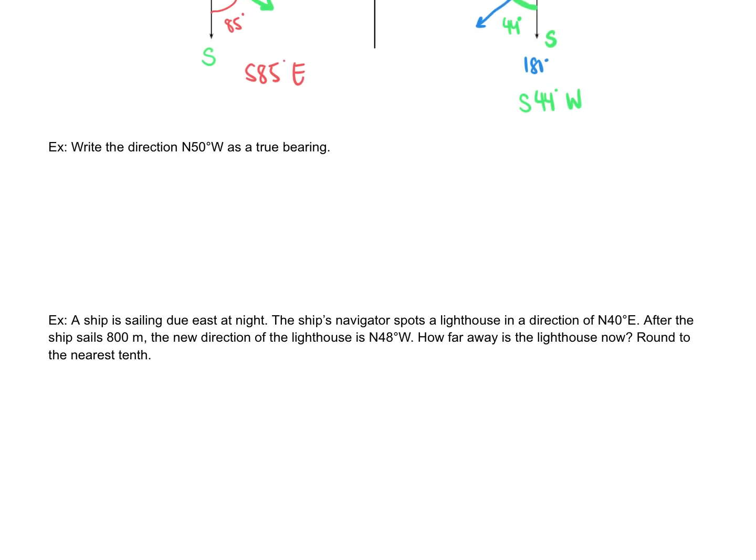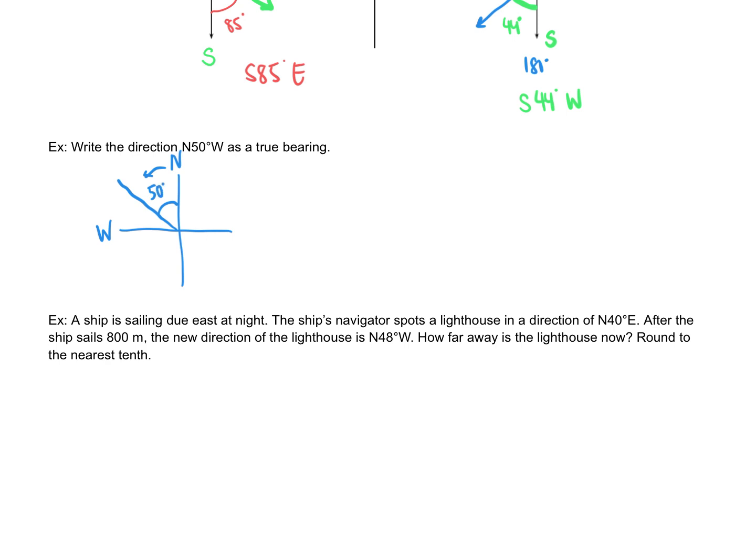All right, write the direction north 50 degrees west as a true bearing. So I'm going to start off with a diagram. Here's north, here's west. I need to go 50 degrees towards the west. So let's say something like this.